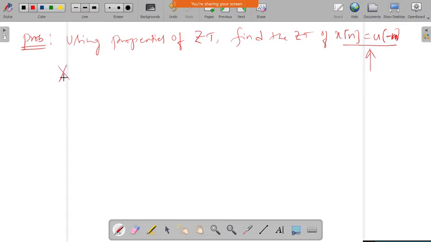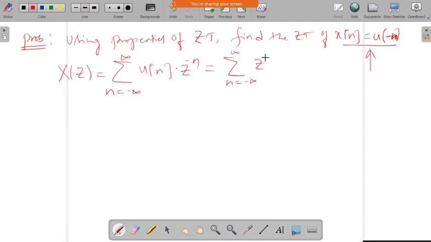So anyhow, x of z we know for the u of n. So you can directly do that. u of n into z power minus n, u of n is 1, which is equal to summation n equal to minus infinity to plus infinity z power minus n. So we can write this as 1 over 1 minus z inverse, right? So this is x of z for u of n.